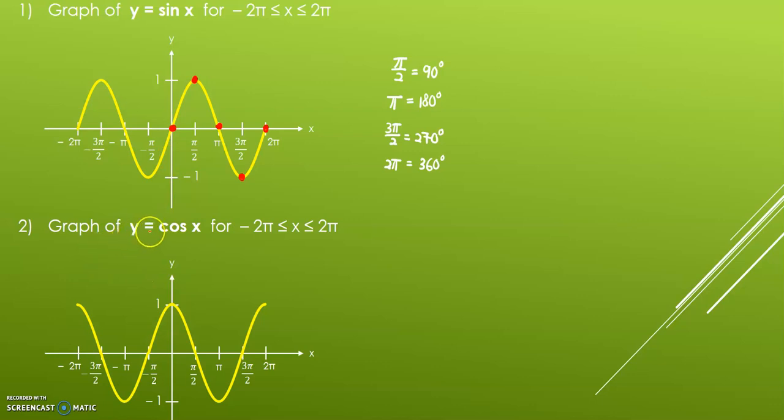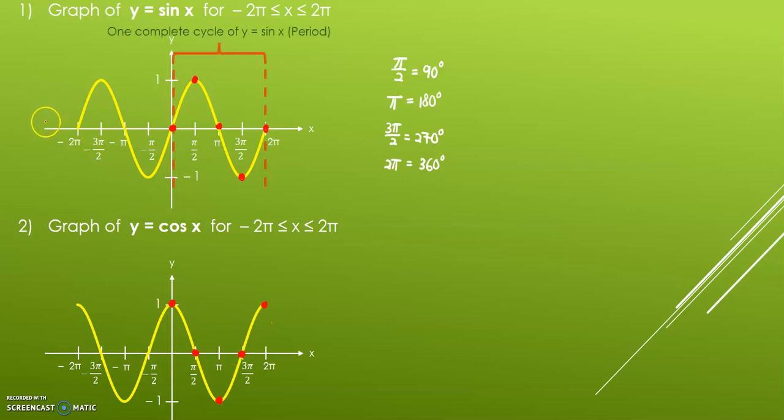Whereas for the graph of y equals cos x, it will start from 1, and then go down to 0 until -1, 0, and +1. So the graph for y equals cos x will start from 1.